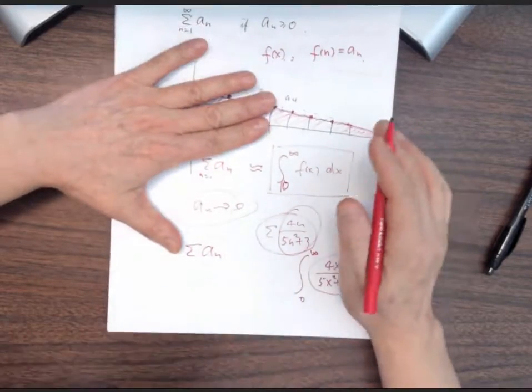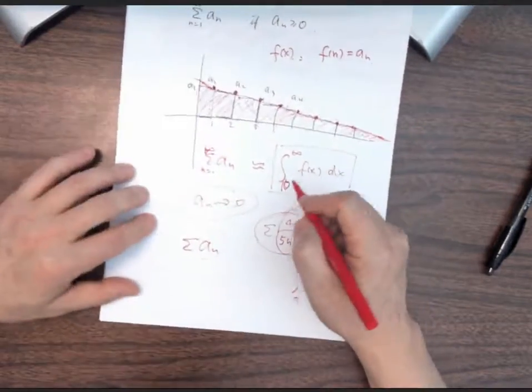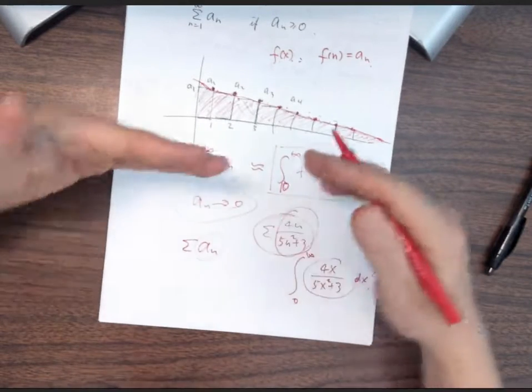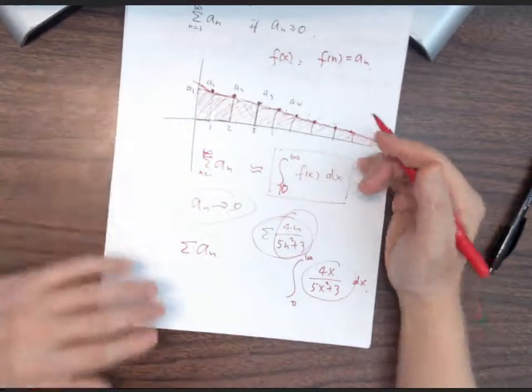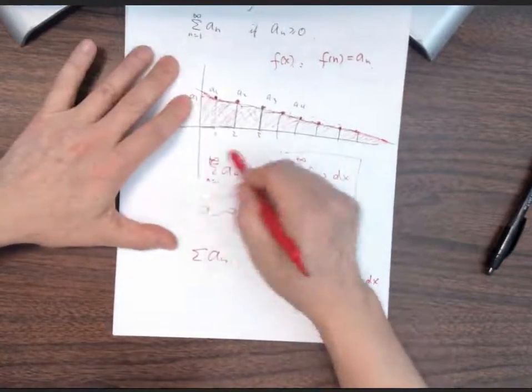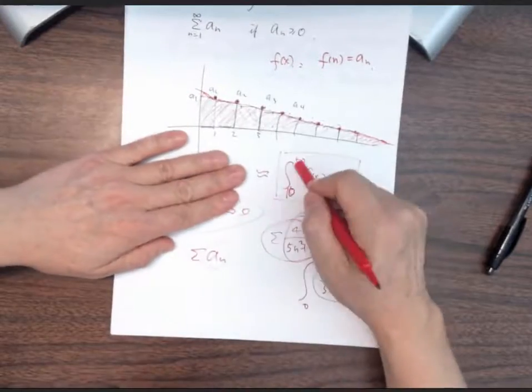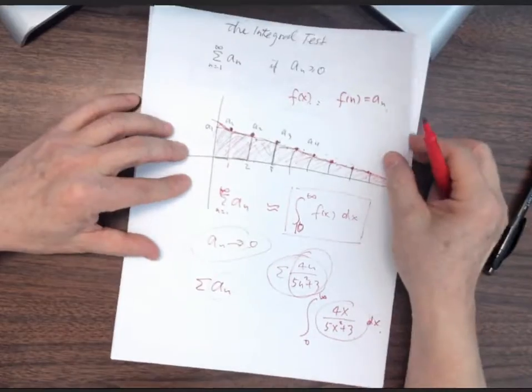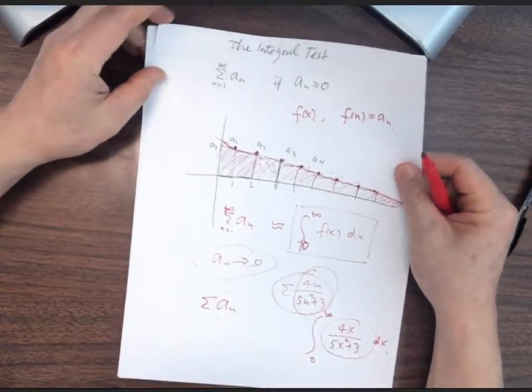Our conclusion is, regardless of where you start, we can actually prove mathematically too: if this is a finite number, this will be a finite number. If this is infinity, this is going to be infinity. And that's our integral test.